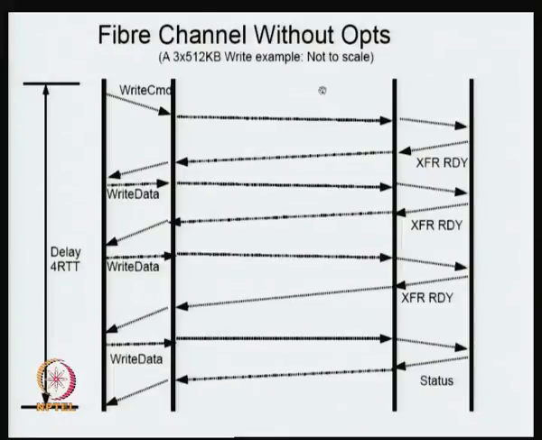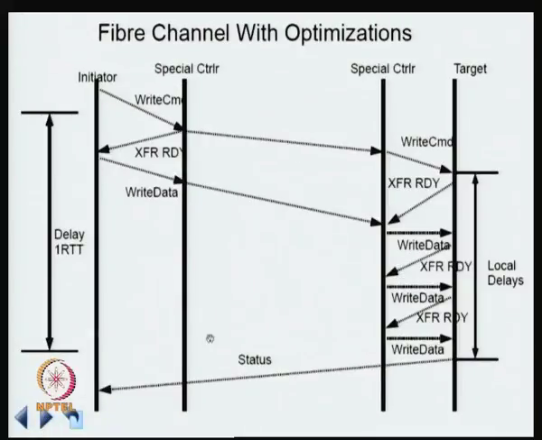Luckily, as I mentioned earlier, in the SCSI protocol you can introduce intermediate agents. You can introduce intermediate agents here also, and we can do the following. I have the initiator, and then I have a special controller, which actually talks to the Fiber Channel network.